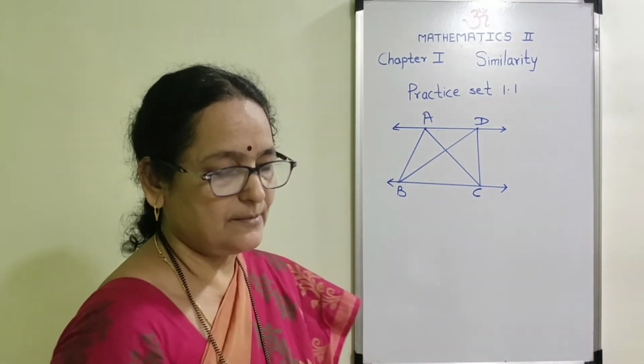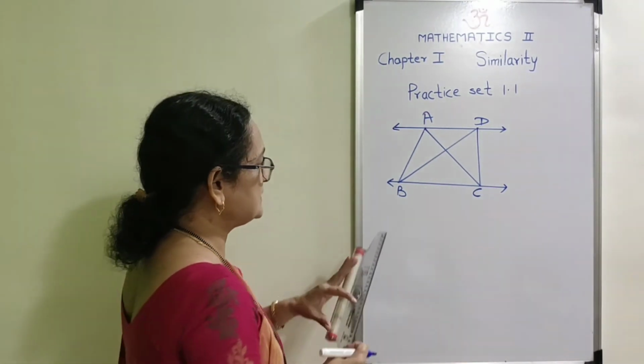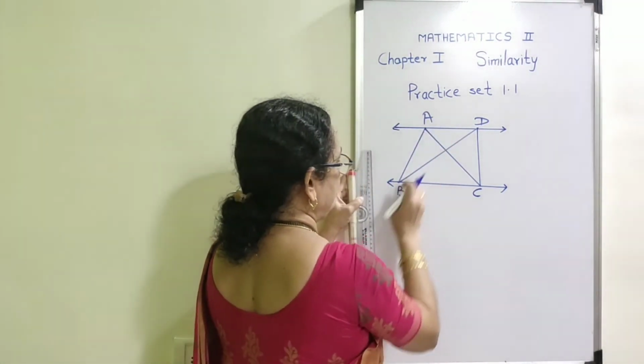Suppose I want to determine the height of both the triangles. First of all, I consider triangle ABC.